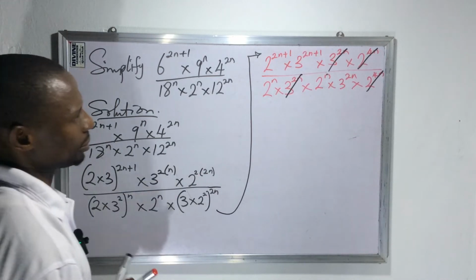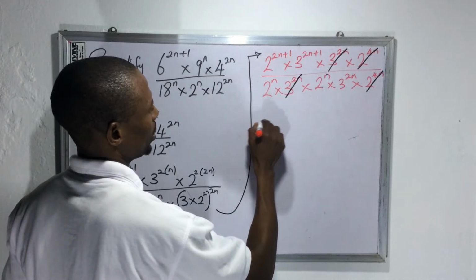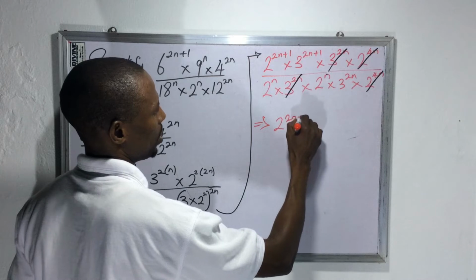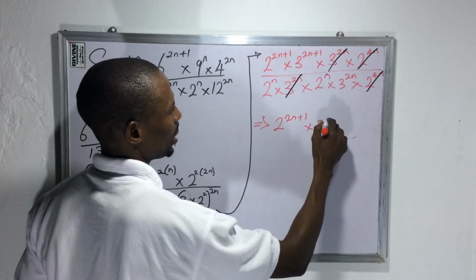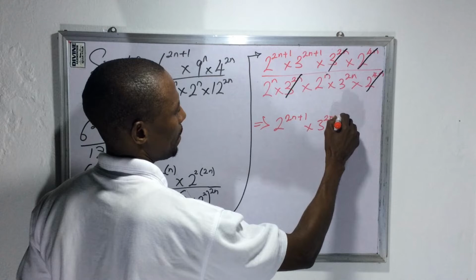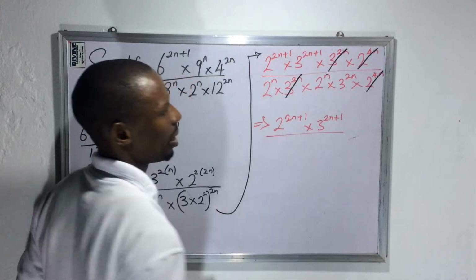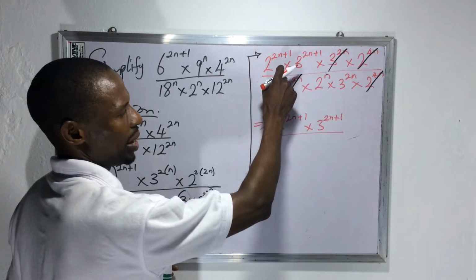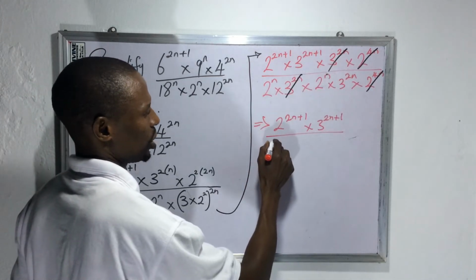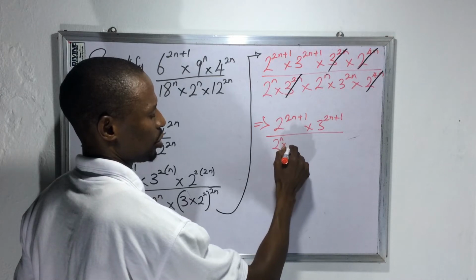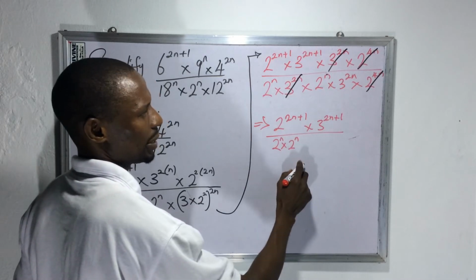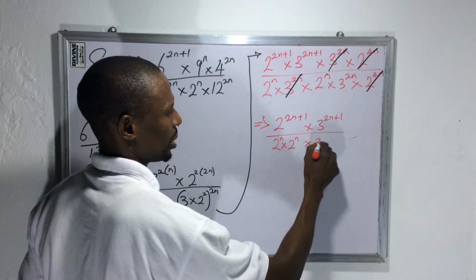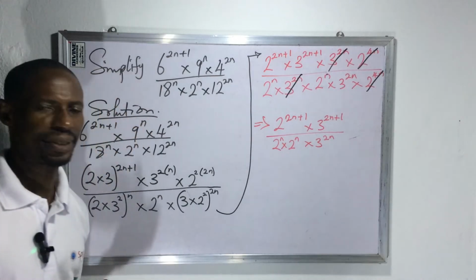This now implies 2 raised to power 2n plus 1 times 3 to power 2n plus 1, all over 2 raised to power n times 2 raised to power n, times 3 to power 2n.